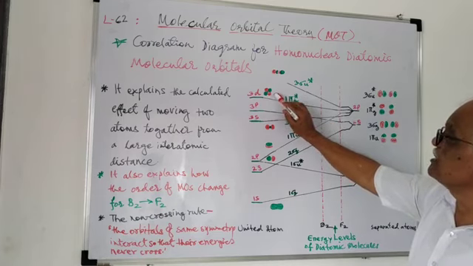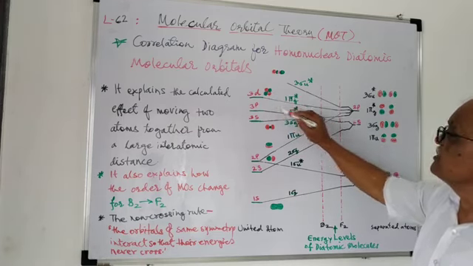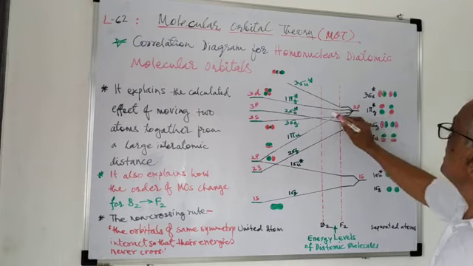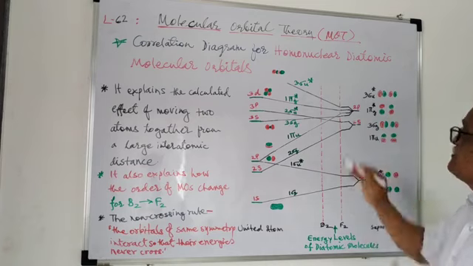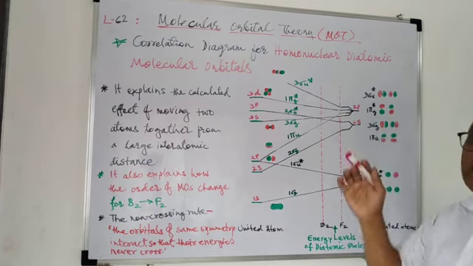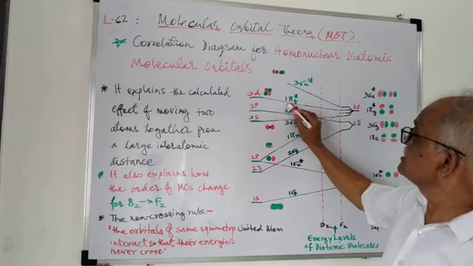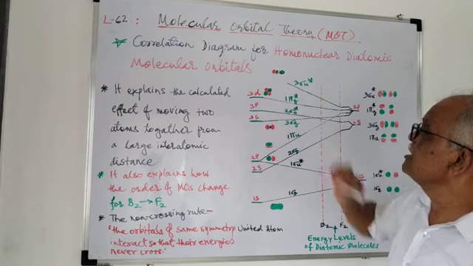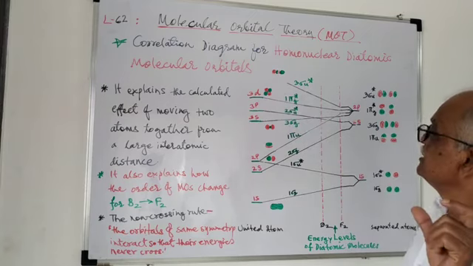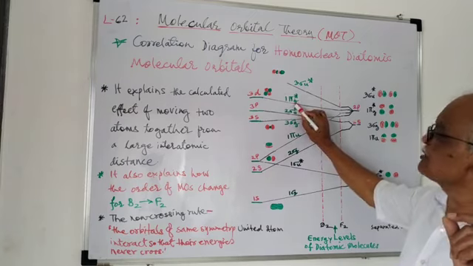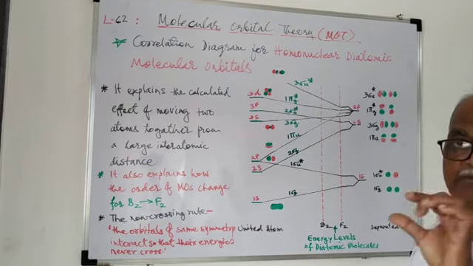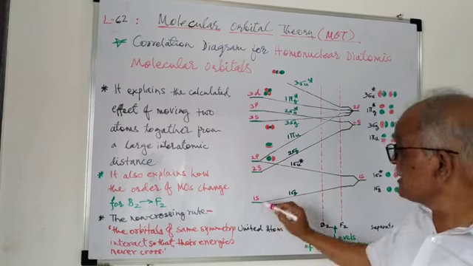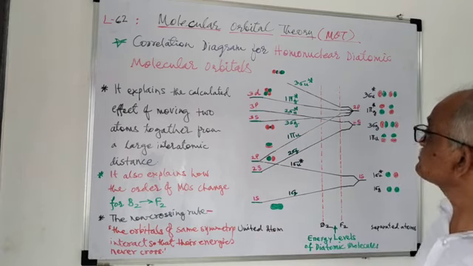So you will find here the shape, and when such 2 molecular orbitals are united together, there are 2 such degenerate orbitals which are converted into single px and py orbitals of the united atom.